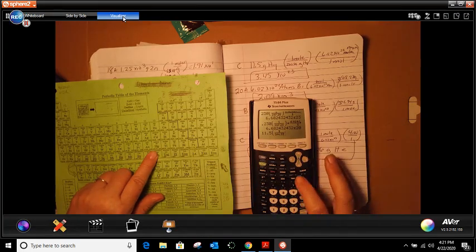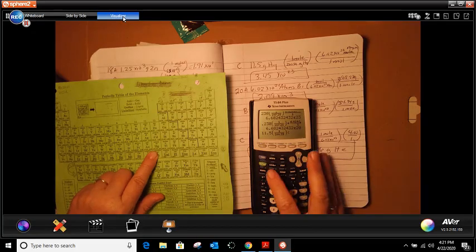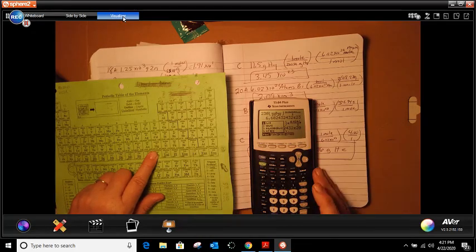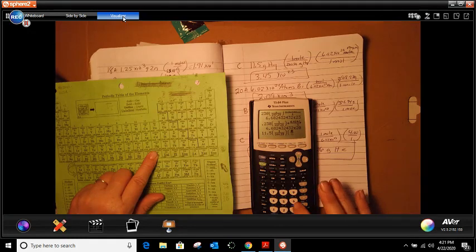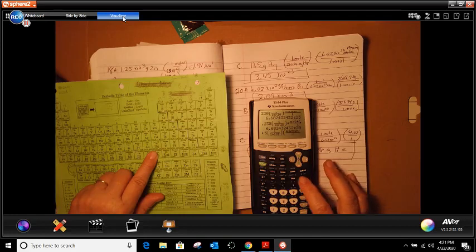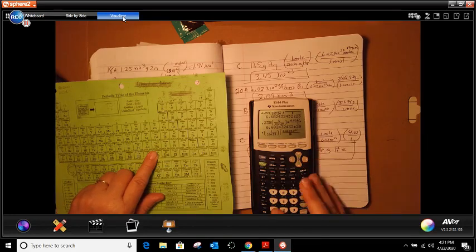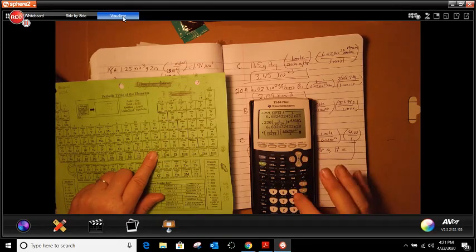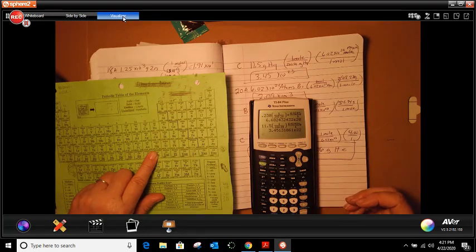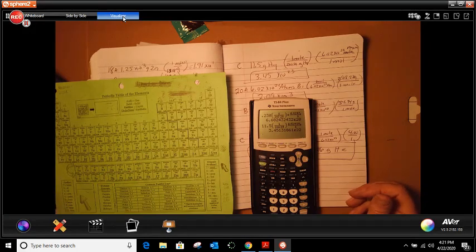That's how many grams is in there. And now I need to do Avogadro's number. That is 6.02 times 10 caret 23 over 1, close bracket, and I get 3.45 times 10 to the 23rd, and I have 22nd.